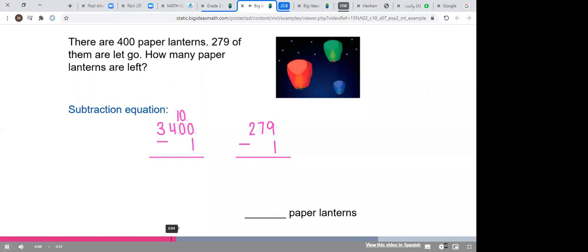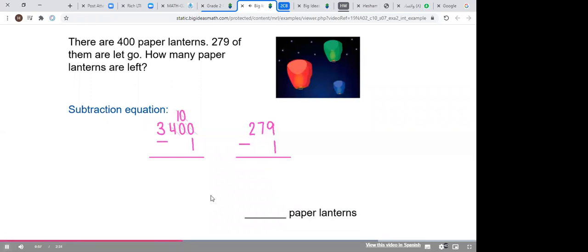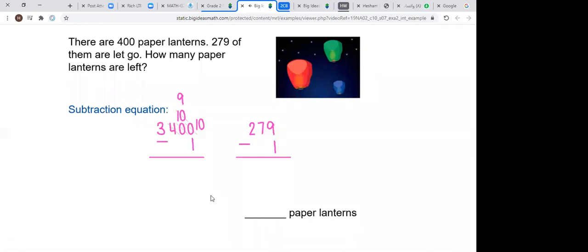Next, regroup 10 tens and 0 ones as 9 tens and 10 ones. Then subtract. 10 ones minus 1 1 equals 9 ones. 9 tens minus 0 tens equals 9 tens. 3 hundreds minus 0 hundreds equals 3 hundreds. So 400 minus 1 equals 399.